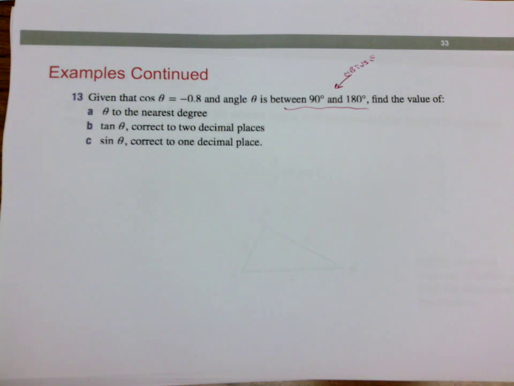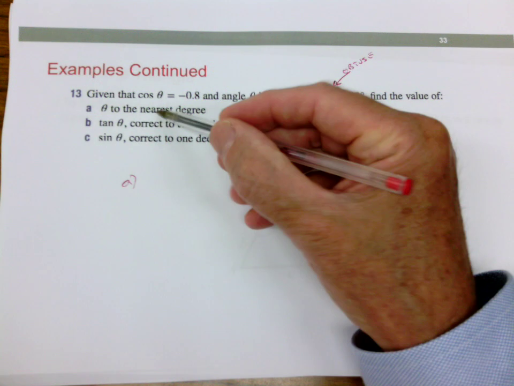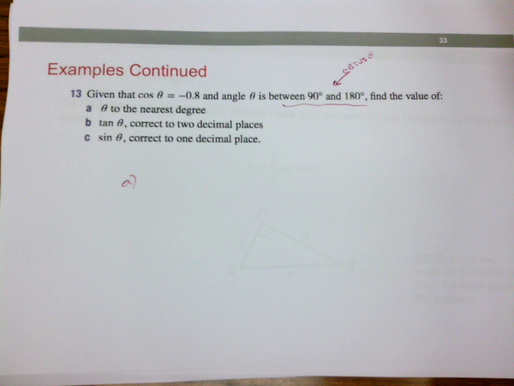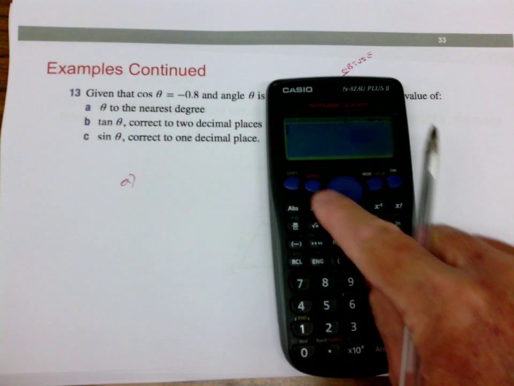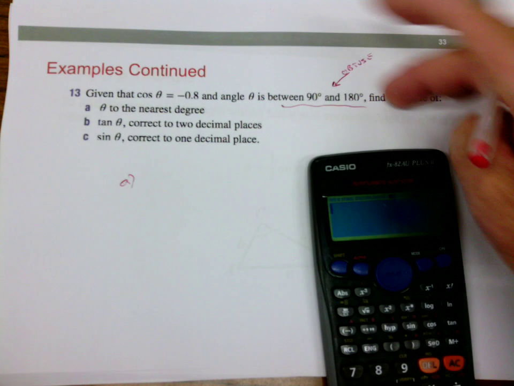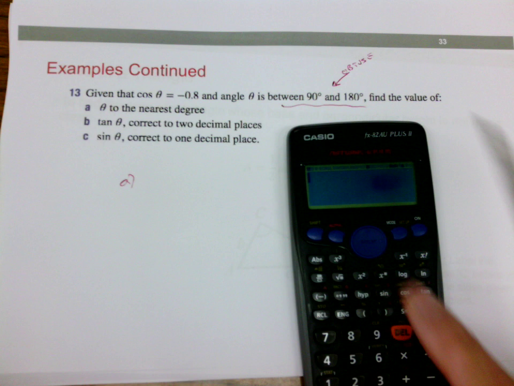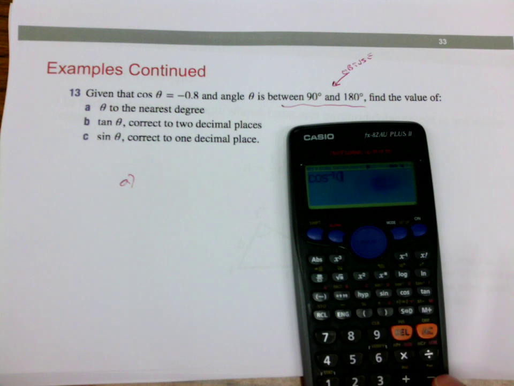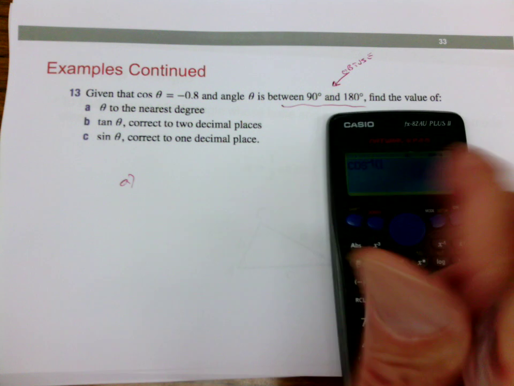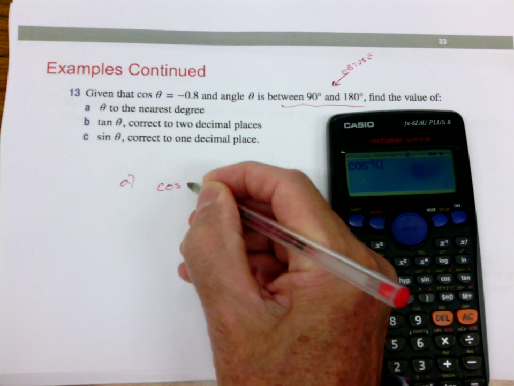Okay, let's do the first one, find theta. It's just going to be shift, entering that. So we're finding an angle, and we don't worry too much about the obtuse part; that was really just saying it's obtuse. Away we go: shift, cos. I should talk about how we'd normally set this out.